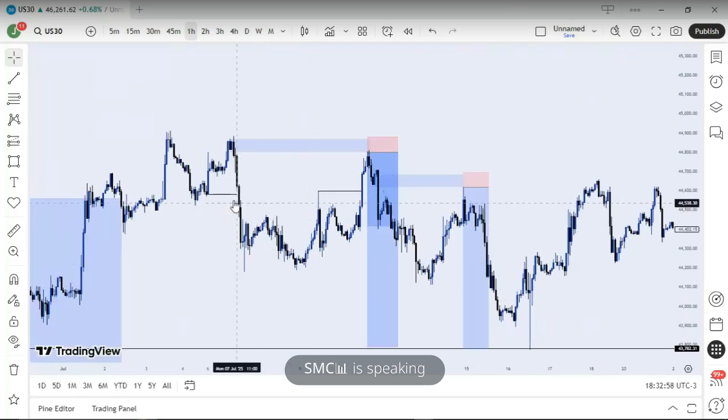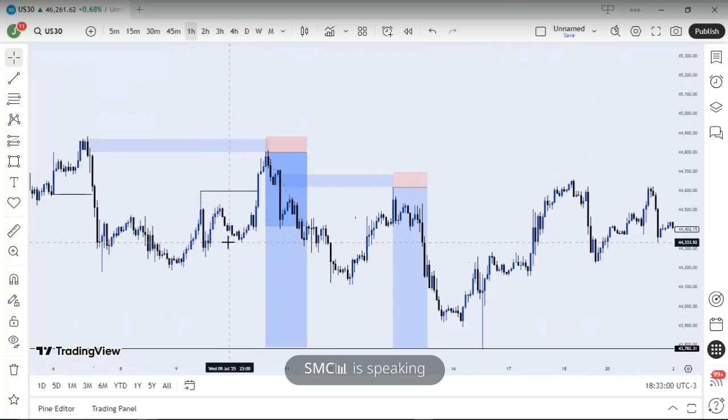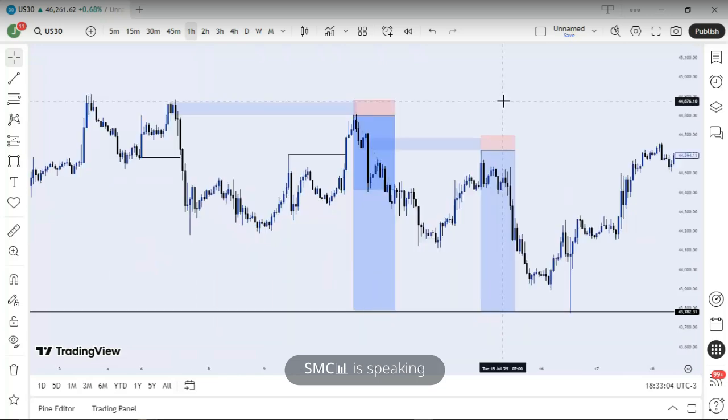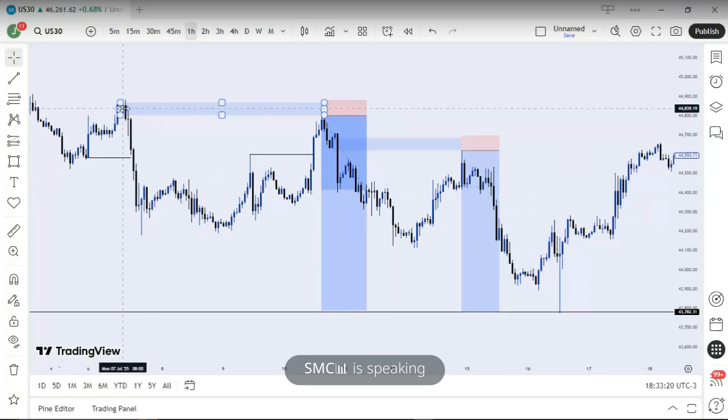Now if you pay close attention to the reason why I took this trade, you find out that the last bullish candlestick that was traded here, after that we had this candlestick. You see this candle, no matter how small it is, make sure that for the bullish order block, if it's closing above, it should be a full body close.